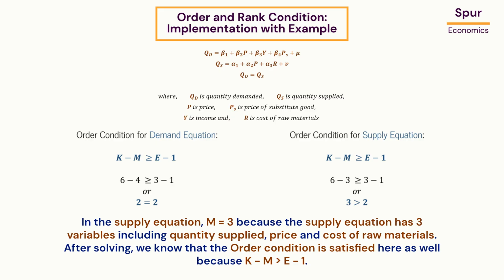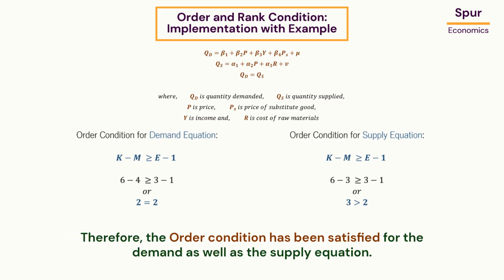In the supply equation, M is equal to 3 because the supply equation has three variables including quantity supplied, price, and cost of raw materials. After solving, we know that the order condition is satisfied here as well because K minus M is greater than E minus 1. Therefore, the order condition has been satisfied for the demand as well as the supply equation.